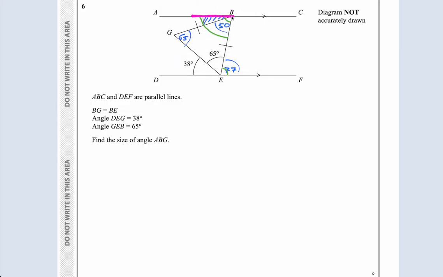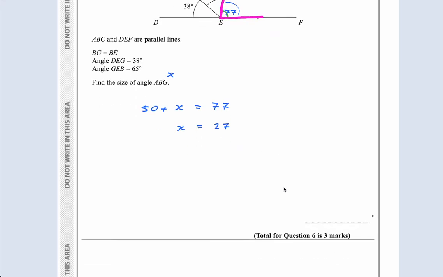This is what we call a Z angle because these are parallel. So those two green angles are equal. So all I need to do is say 50 plus, let's call it X, has to equal 77. X is equal to 77 minus 50, which is 27.